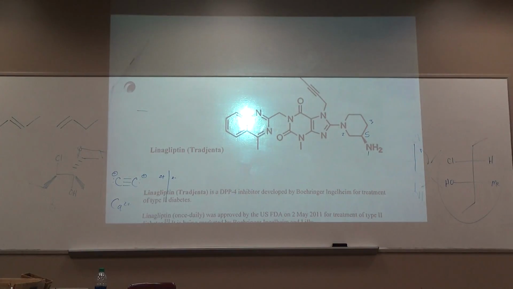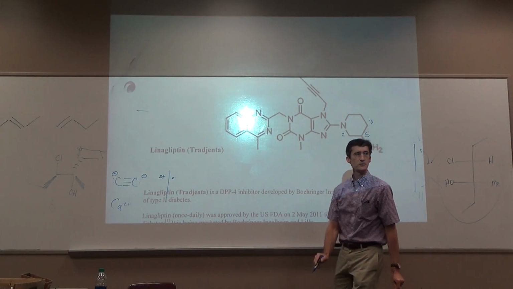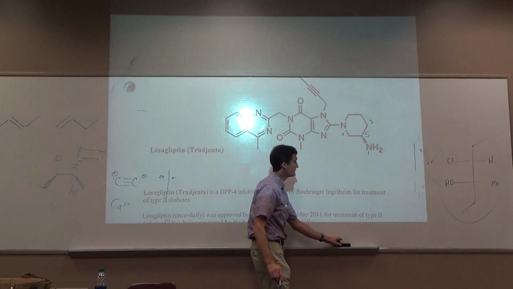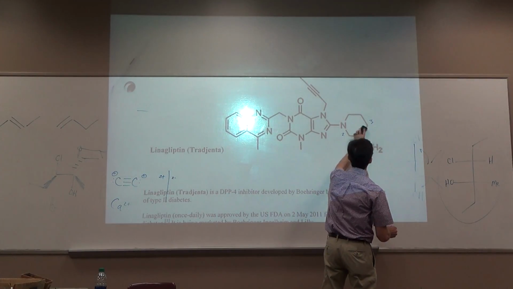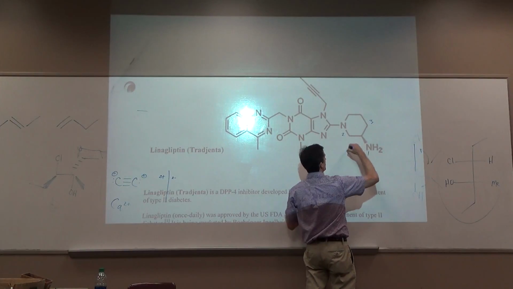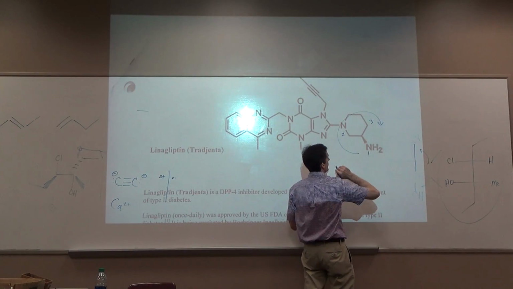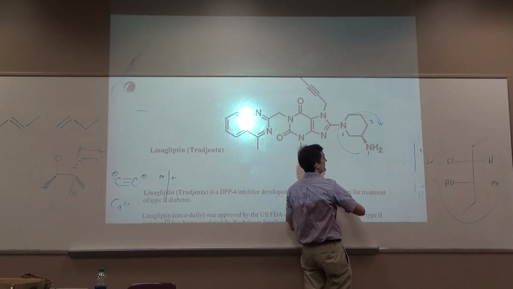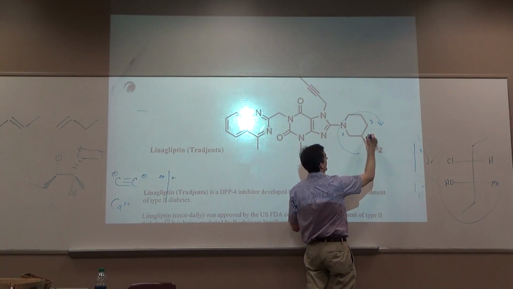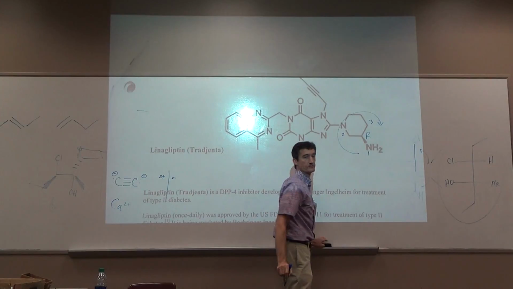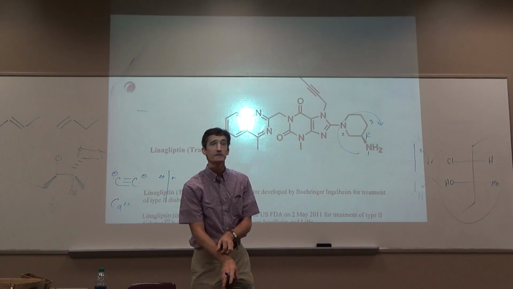Actually, no. 1, 2, 3 is clockwise. Who said S? You threw me off. 1, 2, 3 is clockwise. Let's draw the arrow. Low priority group in the back. R. Well, what I'm trying to illustrate here is how to make mistakes.